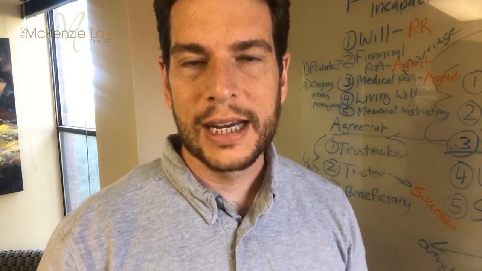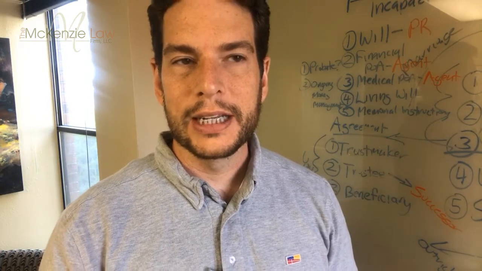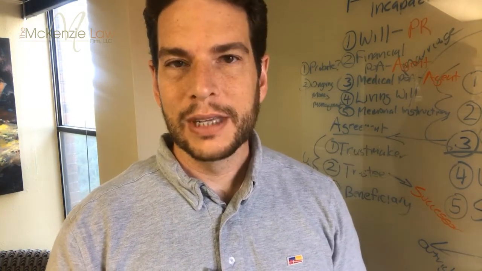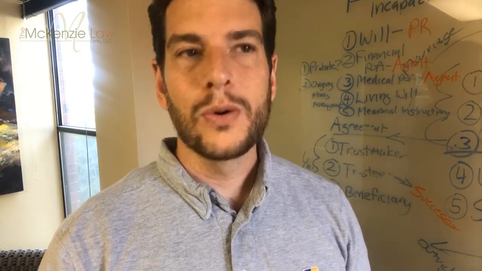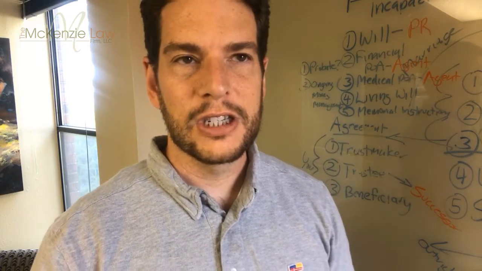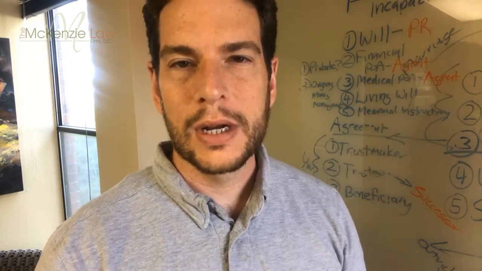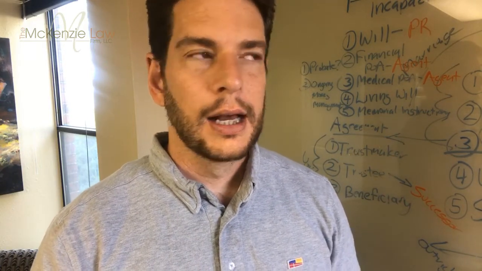When we have trust protectors in our trust agreements, sometimes clients look at it like, wow, this person has the ability to change my trust. They have the ability to tell my trustee, who I've put a lot of effort into thinking about, that they're doing something wrong, that they need to invest differently, or that they need to make different disclosures to beneficiaries. I don't necessarily want my trustee subject to those kinds of instructions from someone else.